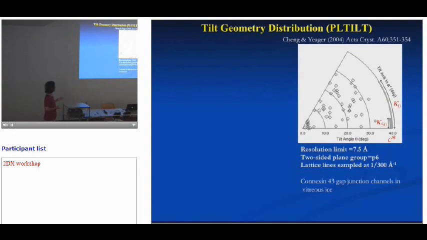This is a polar plot where the radius corresponds to your tilt angle, and the direction from this axis will be your tilt axis relative to your A star, for example. By plotting it like this, you can see where all your tilt axes are for a given tilt angle or in a certain range, and you can spot the region that's empty more easily this way.